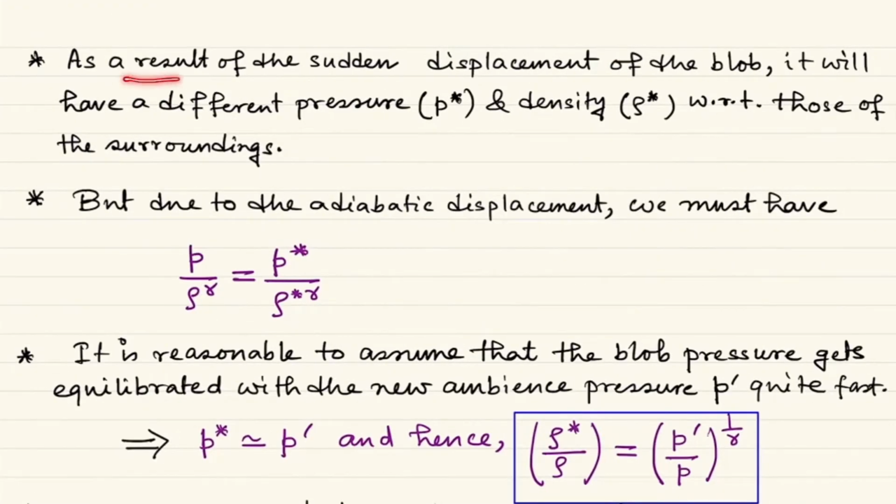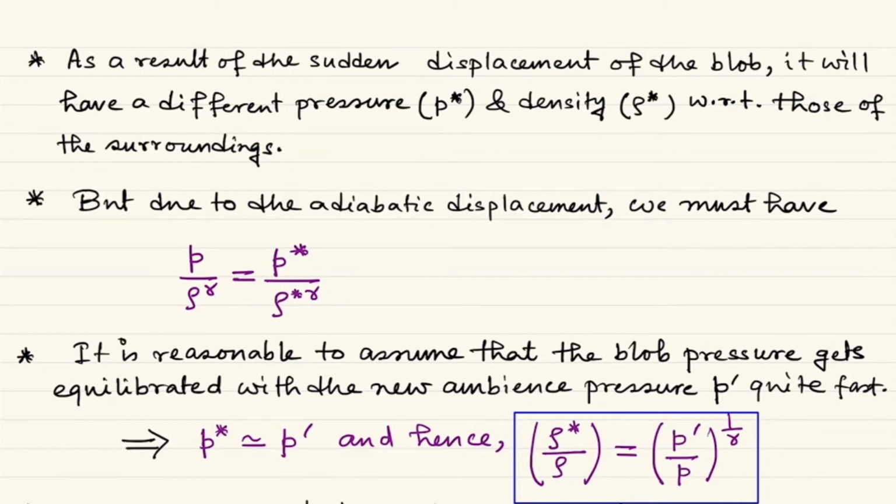As a result of the sudden displacement of the blob, it will have a different pressure and density, P star and rho star, with respect to those of the surroundings. So the blob is no longer indistinguishable from the surroundings because the surrounding is a new one. Now since the system was quickly displaced, that's why we are talking of adiabatic displacement.